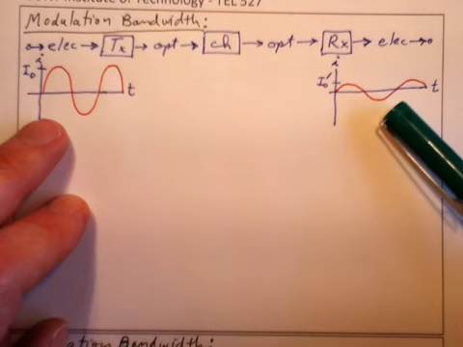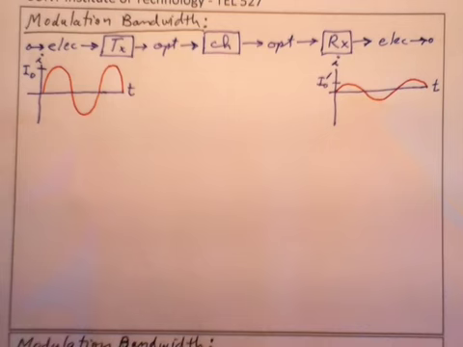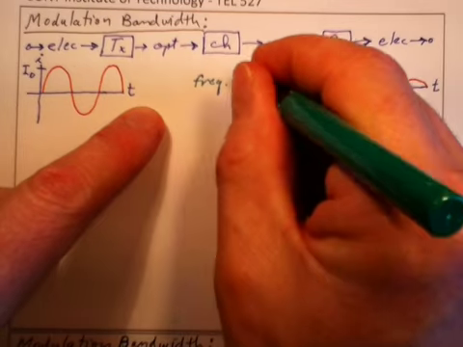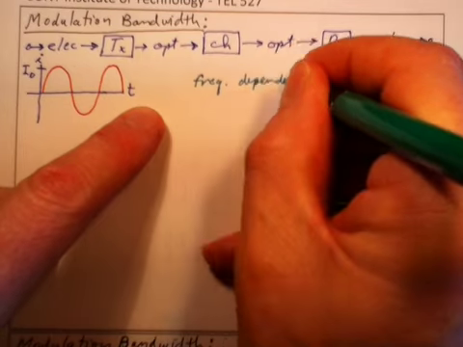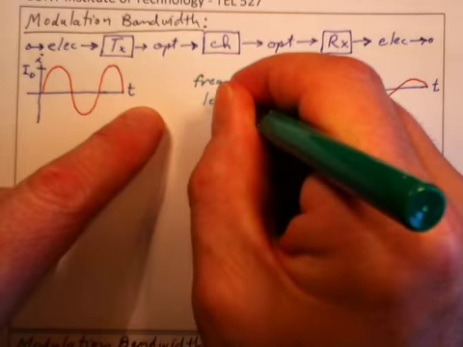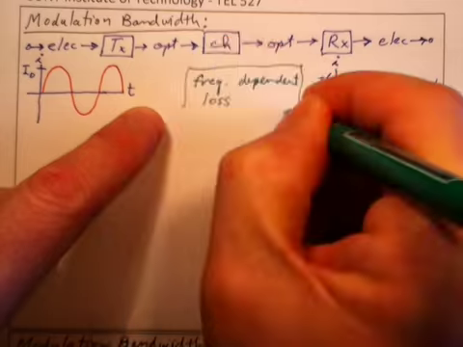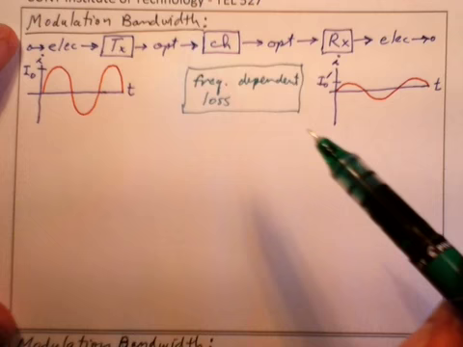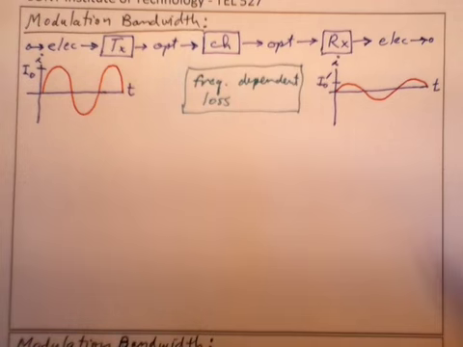We're going to quantify that with a frequency dependent loss, and the modulation bandwidth is a quantity which characterizes that frequency dependent loss.